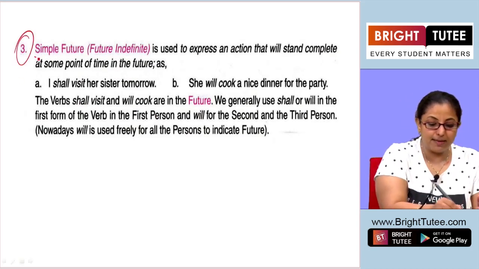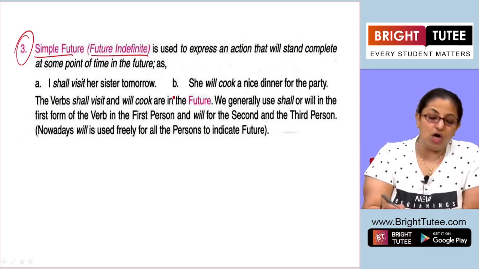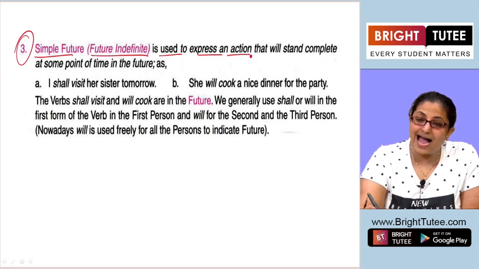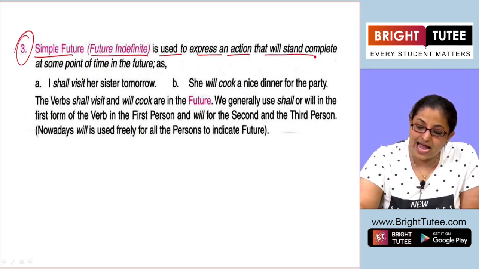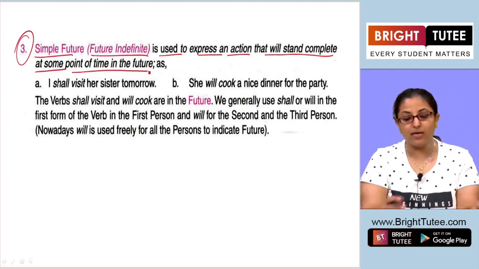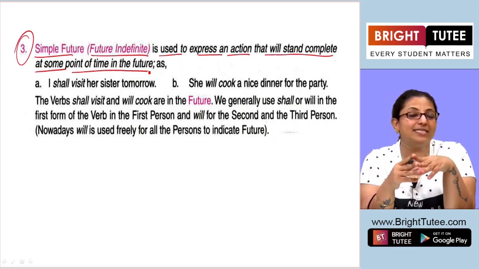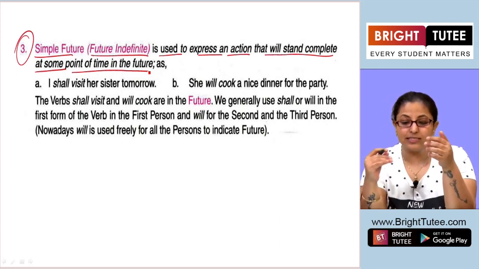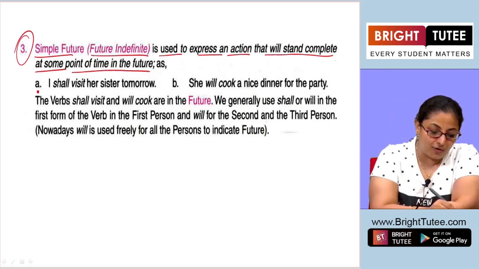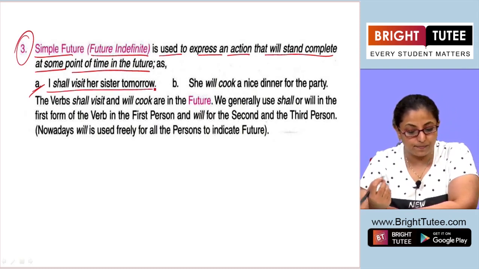Now coming to the simple future or future indefinite tense. Simple future or future indefinite is used to express an action that will be complete at some point of time in the future. For example, I shall visit her sister tomorrow.